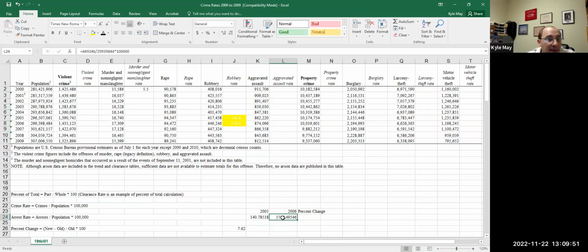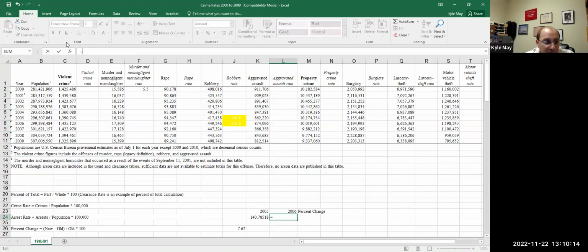Let me make sure I put my numbers in correctly. I think I did too many zeros. I think I multiplied by 1,000,000 instead of 100,000. No, that didn't change it. Okay, let me start over, because that could be right, but it doesn't look right.